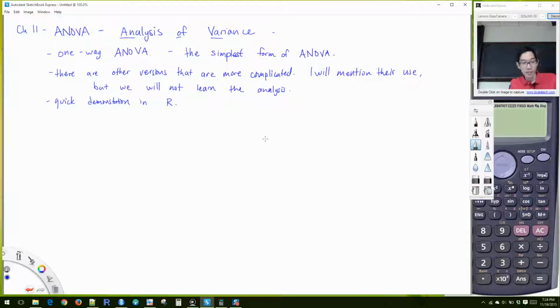Like many of the topics in this course, this is an introductory course, so it's like a survey of statistical techniques and methods. You can take an entire course on ANOVA itself, okay?